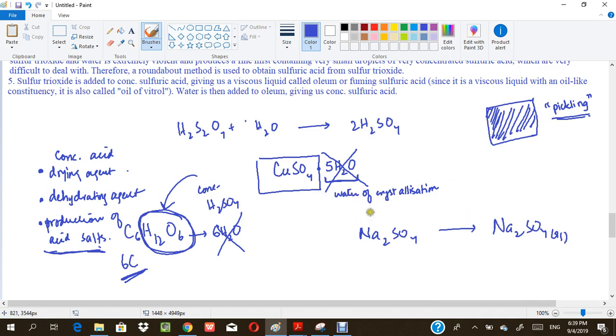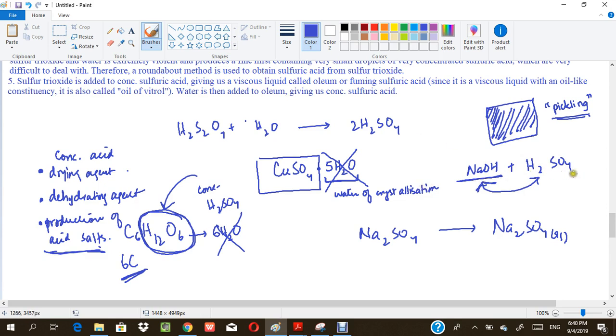However, when sodium sulfate is formed by a reaction between NaOH and sulfuric acid with either sodium hydroxide in excess or both of them in equal amount, according to the stoichiometric ratio, I'm not going into the details of that.